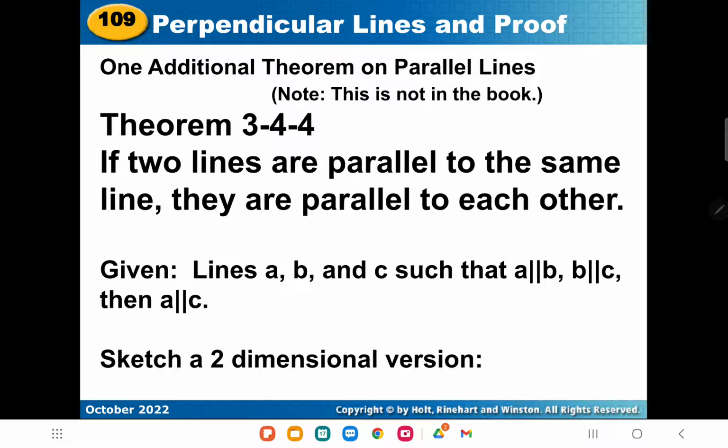And one additional theorem on parallel lines: if two lines are parallel to the same line, then they are parallel to each other. This is similar to the transitive property.